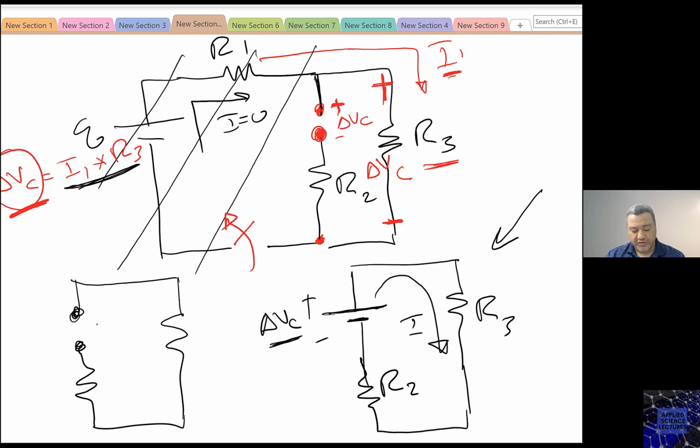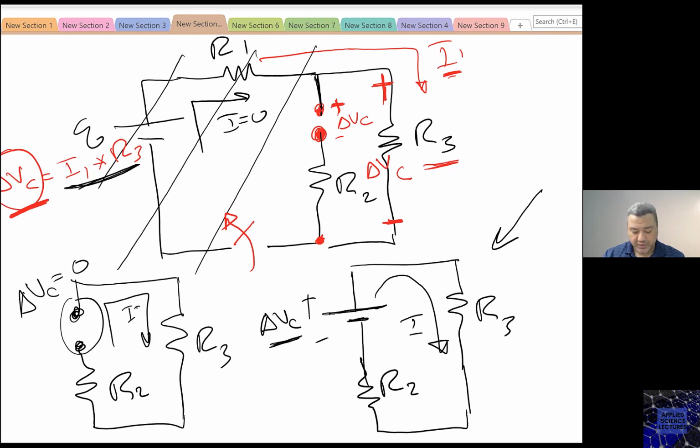And now the voltage across the capacitor here would be zero. Okay? The voltage here, after a long time of being open, the current would be zero. The current here, I is delta VC divided by R2 plus R3.